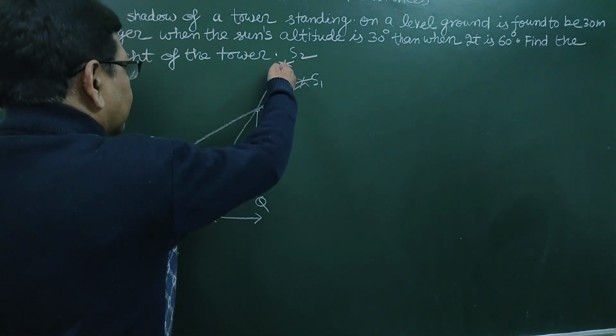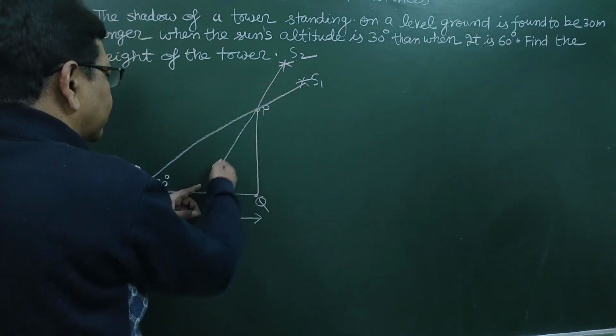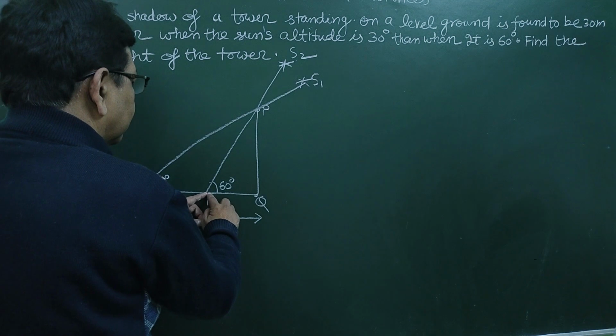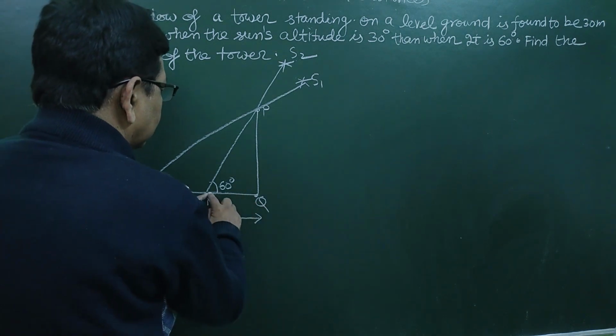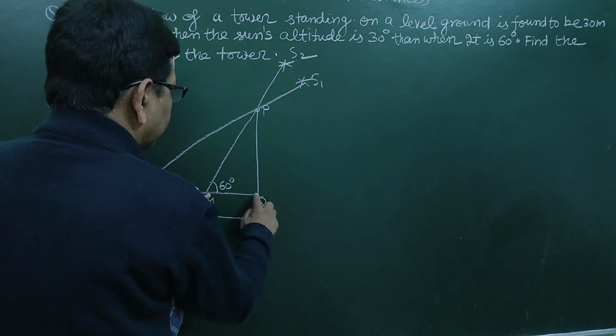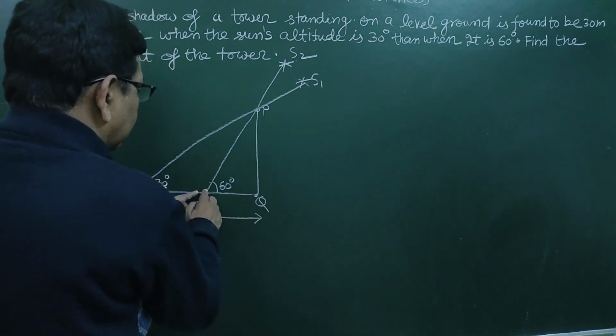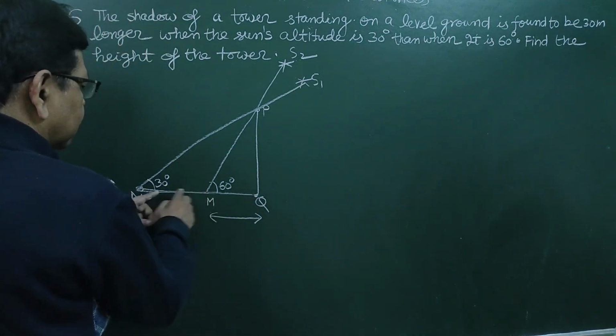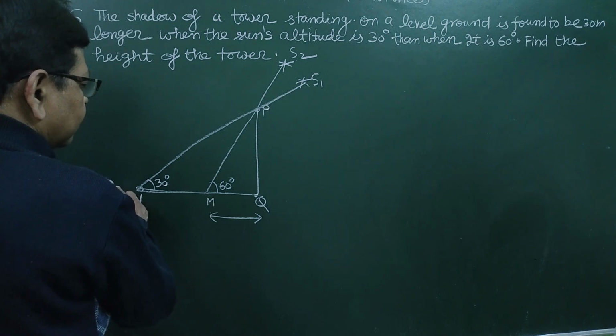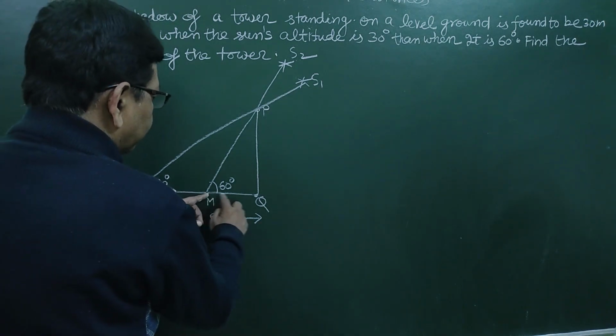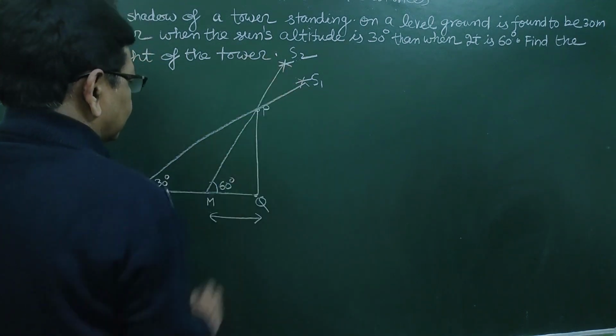Because the rays from the sun travel in a straight line, no ray reaches these points between M and Q. Outside it, sun rays are there. So shadow is formed of length MQ in the first case.